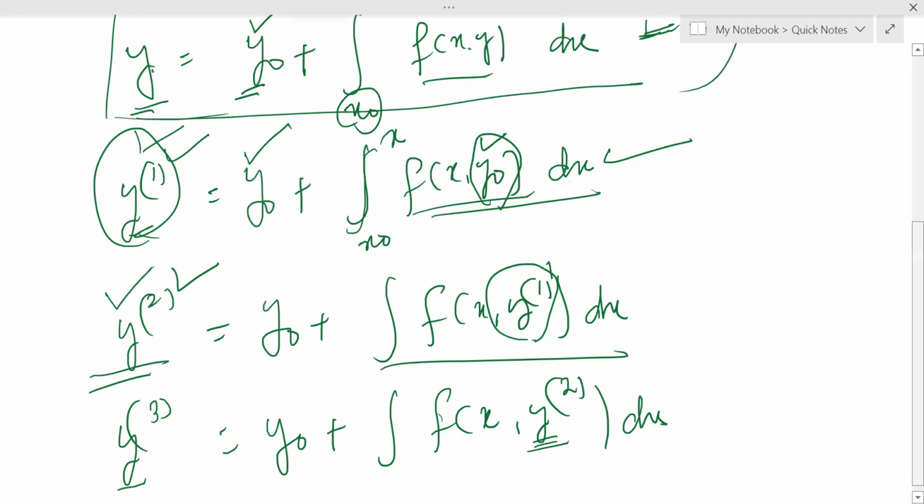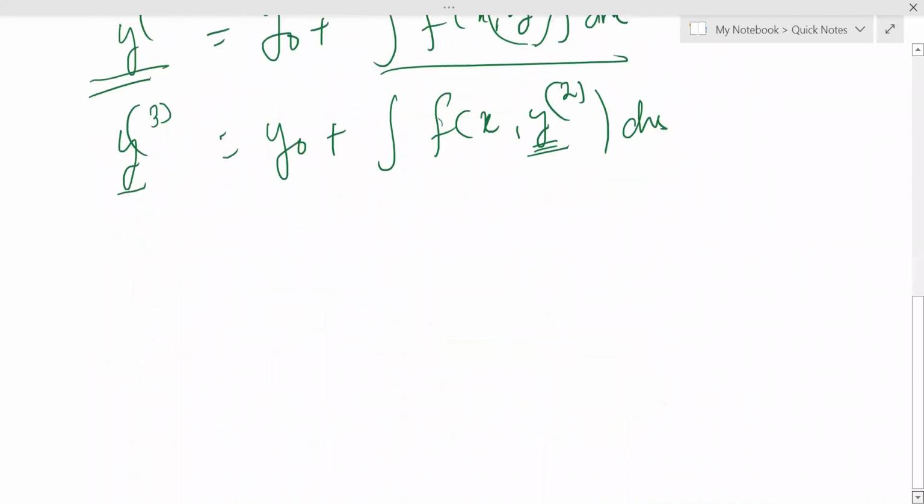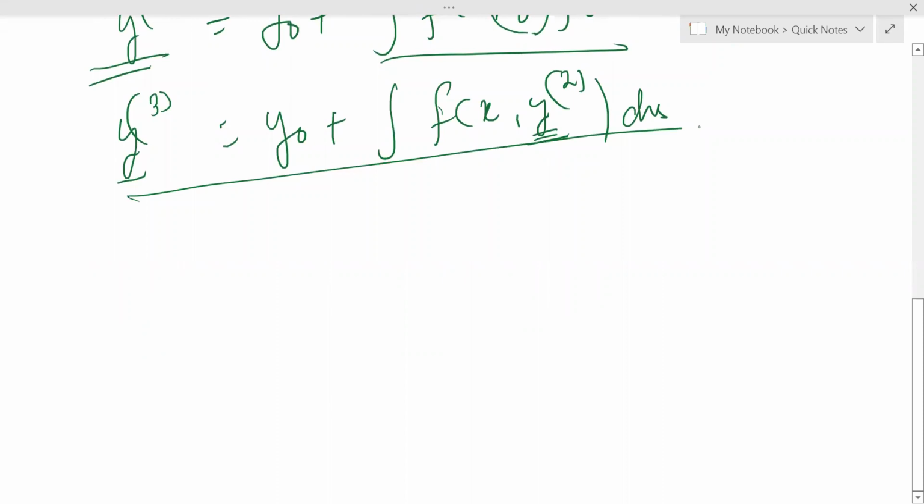Continue this process and create a series, to form the equations.